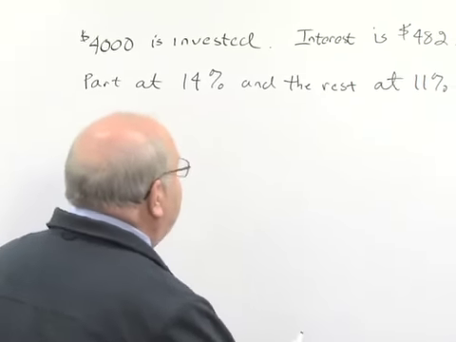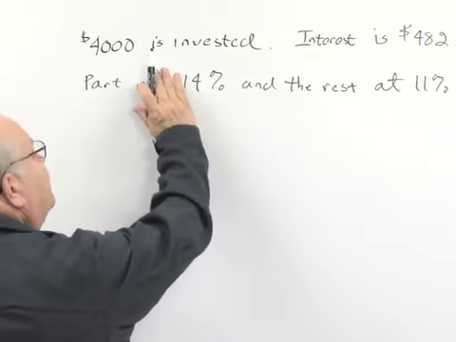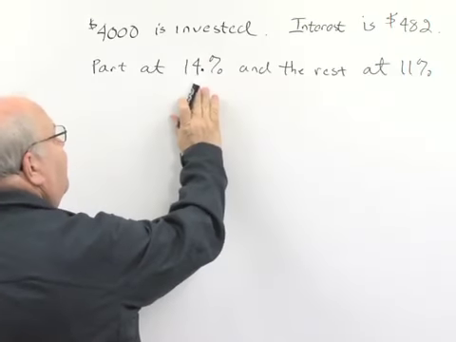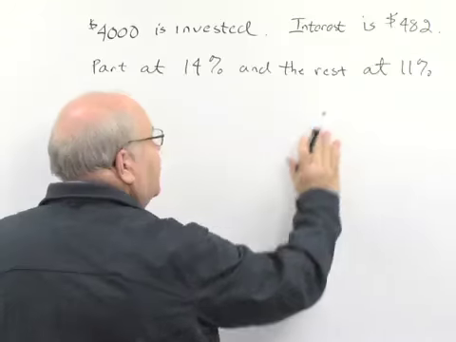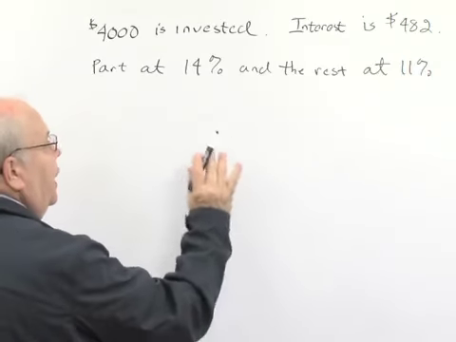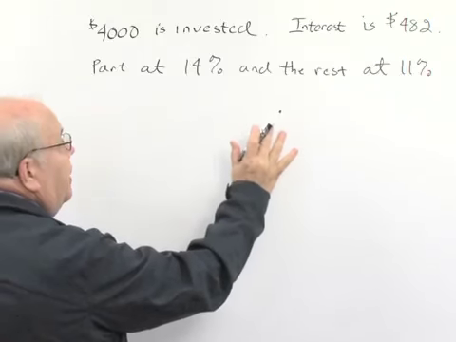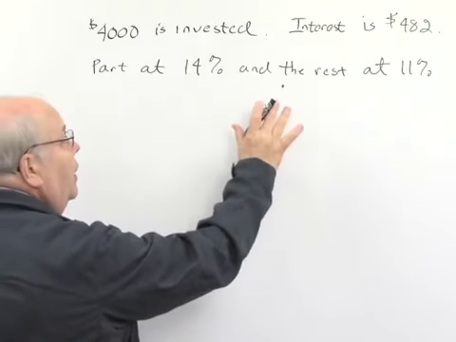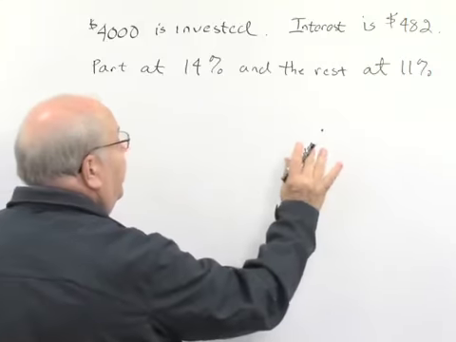The major concern we have is the $4,000 is invested in two parts, part at 14% and the rest at 11%. The helpful hint suggested that we specify these two amounts, one to be the variable and one 4,000 minus the variable.